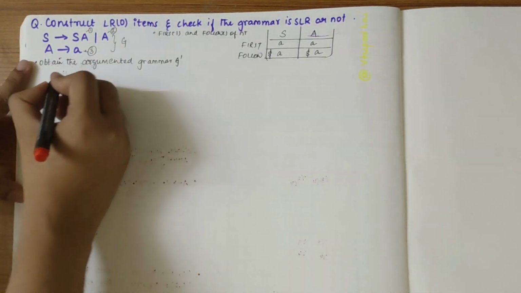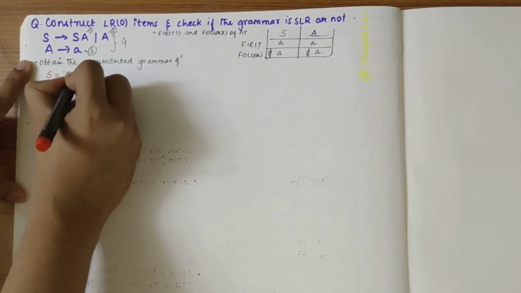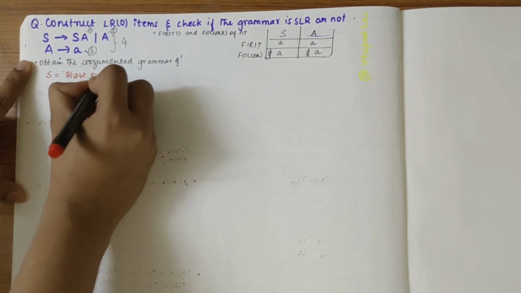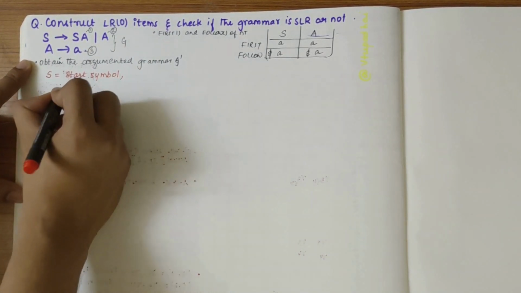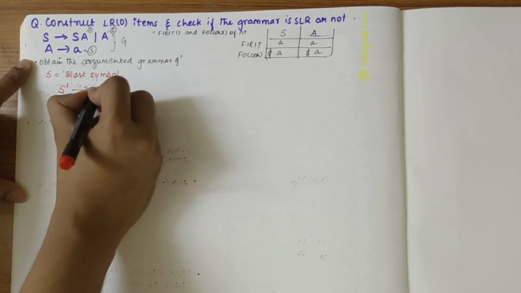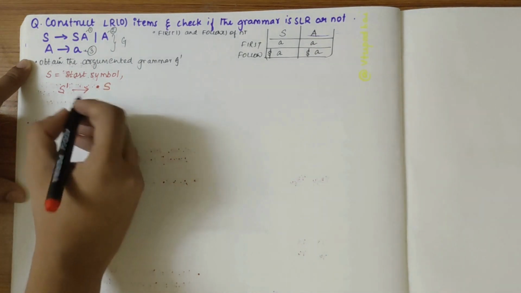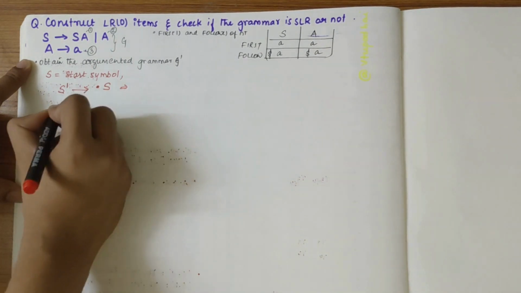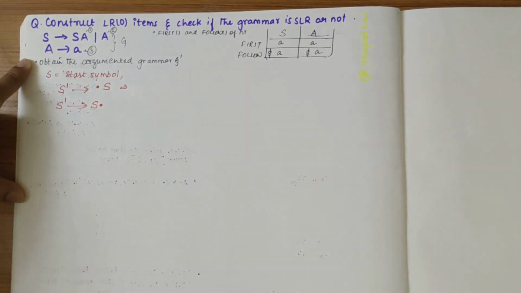If S is the start symbol, then I have to start by writing S dash derives dot S, and I have to reduce this to the form S dash derives S dot.